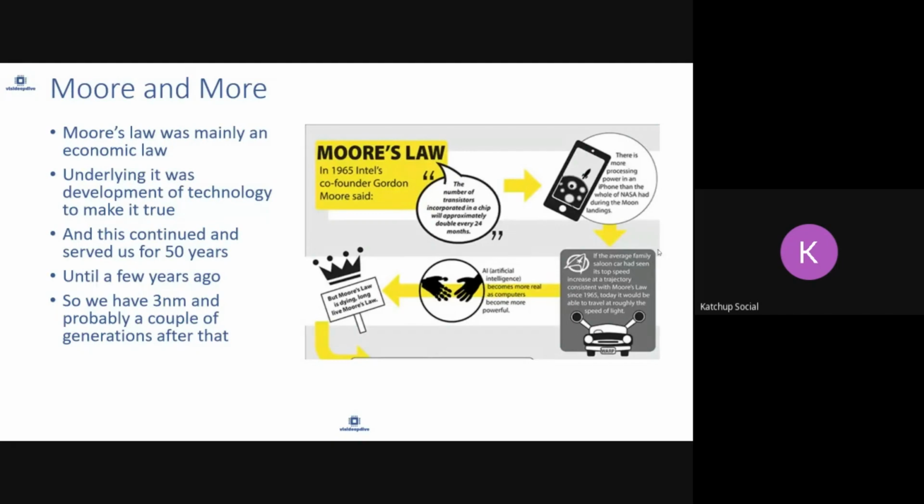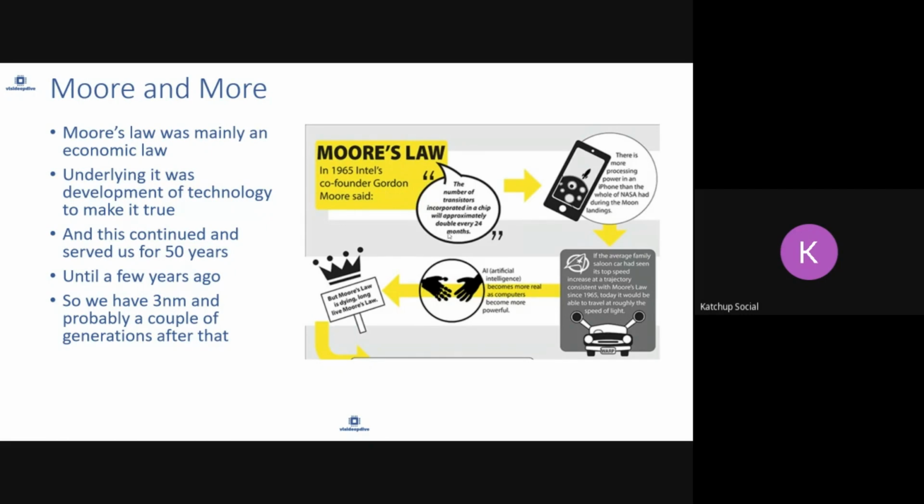As an analogy, if an average family car had seen this much performance increase, which for a car would be speed, today we would be able to travel at the speed of light. So this is a humongous improvement which happened over the last 50 years, until it stopped improving that much. The iPhone processor I was talking about is a prime example of that.